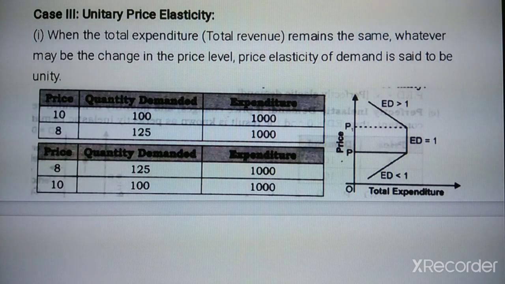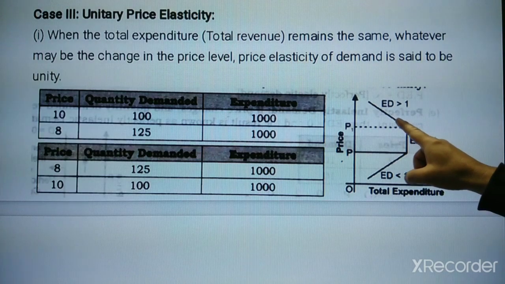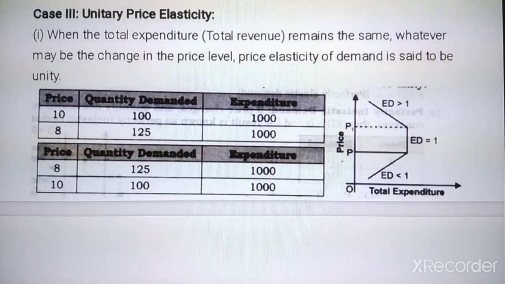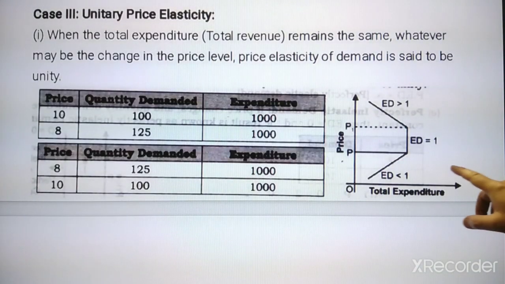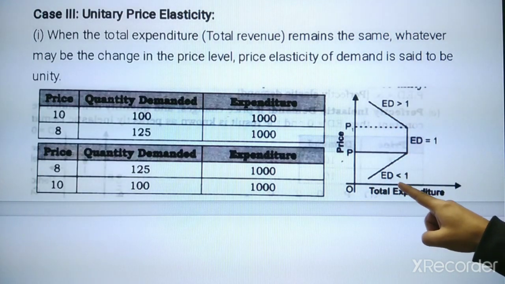If you are asked to draw the graph between price and total expenditure, it's on the other side of the screen. You can see here, the price is decreasing but total expenditure is increasing.